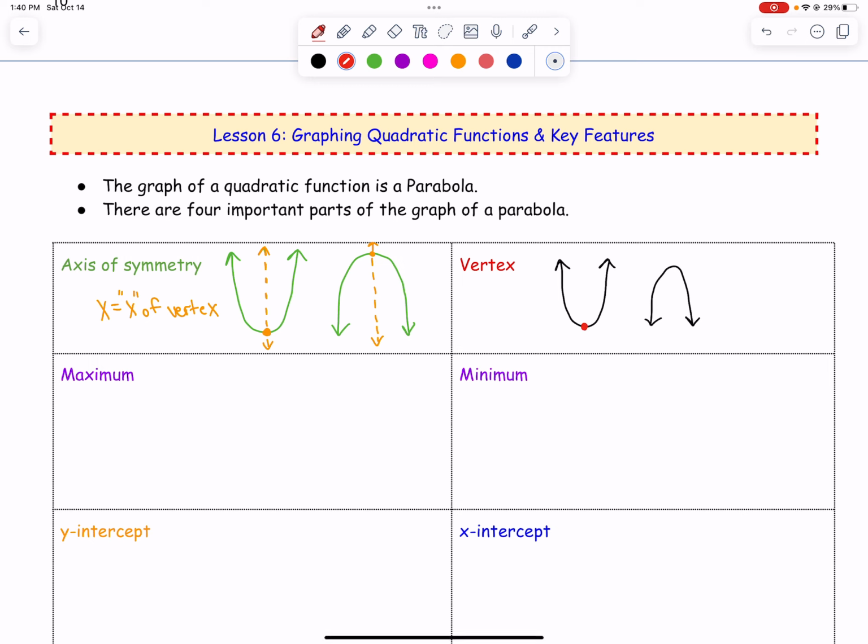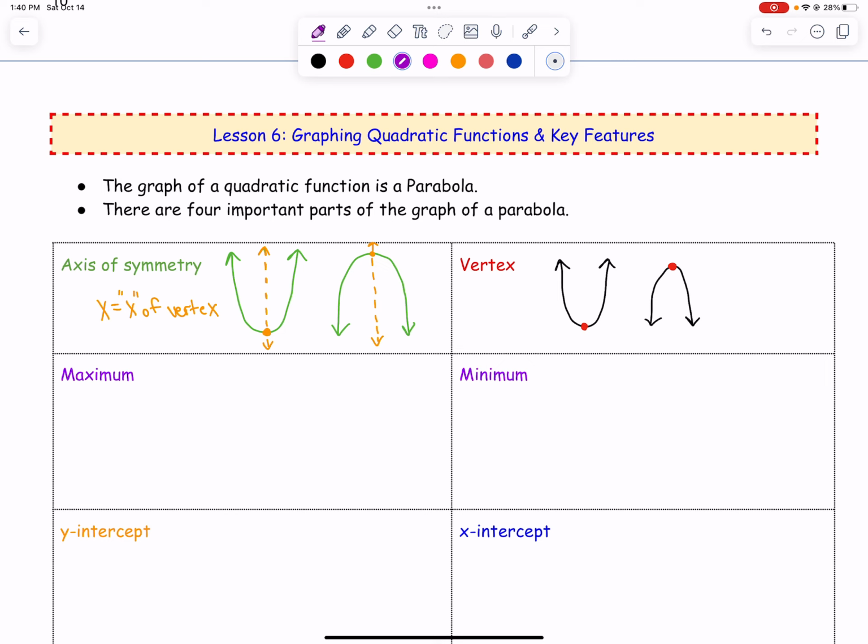It has lots of names. It's our turning point. It's the middle point. It is also called a maximum or minimum, which we're going to look at in the next box. So the vertex is that point right there in the middle, where it has a lowest point or a highest point, which leads us to the word maximum or minimum.